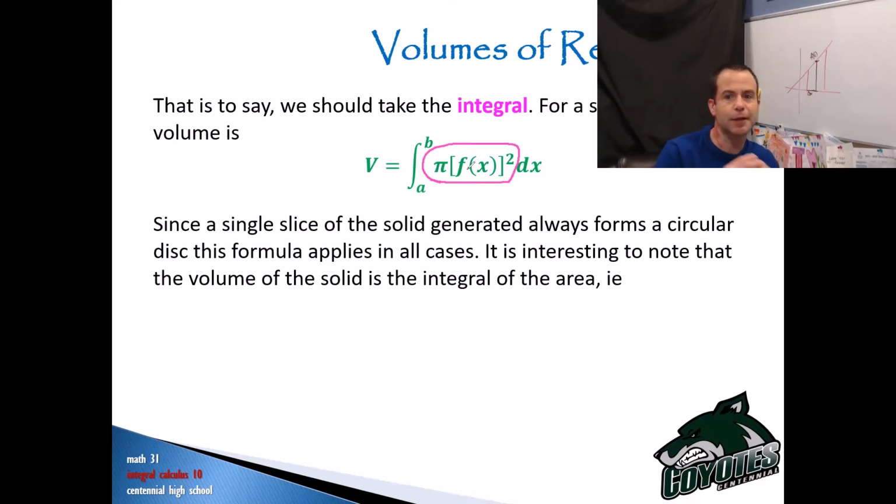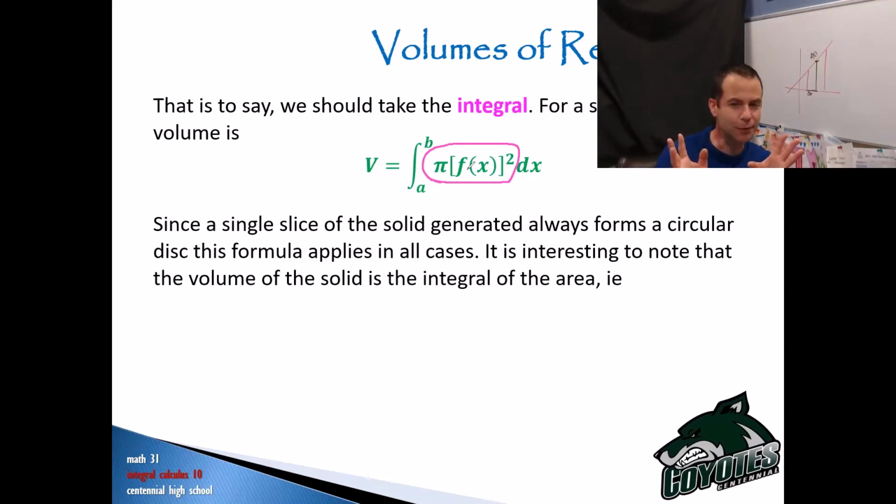Well, we just said f of x was the same as r. So it becomes the integral of pi r squared, right? F of x is my radius in this situation. So pi r squared, well, that's the area of a circle. Well, it should make sense.